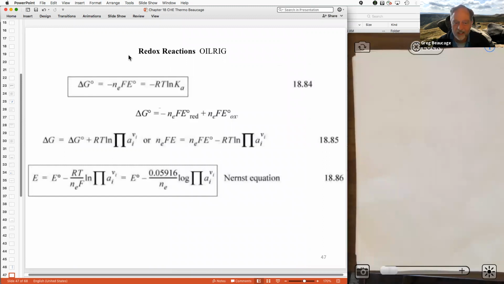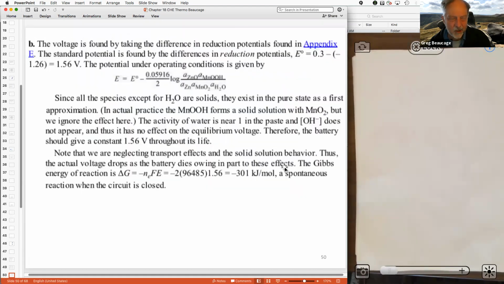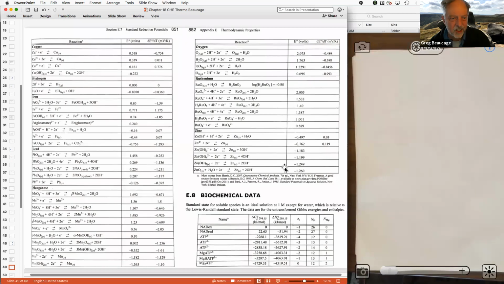So we're kind of out of time, I guess. Basically, it's like doing balances, same kind of balances to do the batteries. Hopefully you can get through the homework. And it's the same thing for the homework this week. Basically, the redox stuff's in the back of the book. There's a table for the redox reactions.